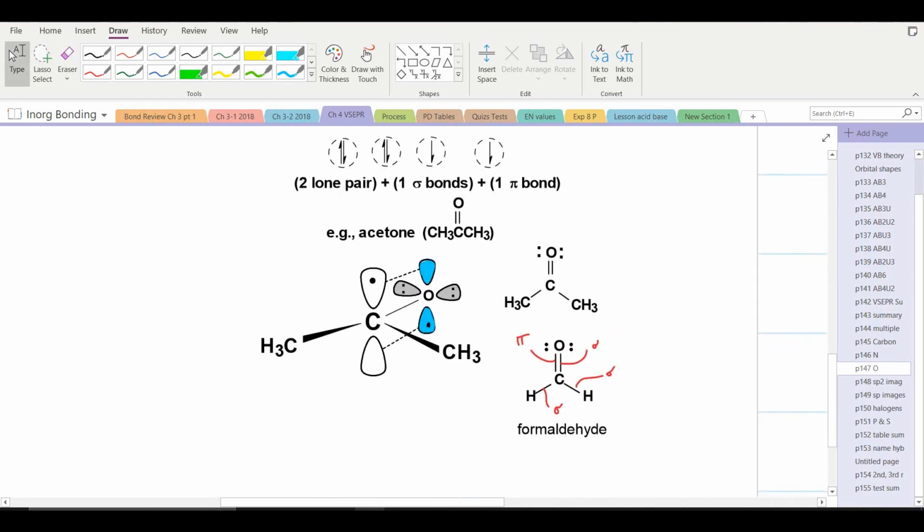Here's oxygen in the compound acetone bonding with carbon, which is also sp2 hybridized. Here's the overlap of the p orbital. So here's the sigma and the pi bond in oxygen.